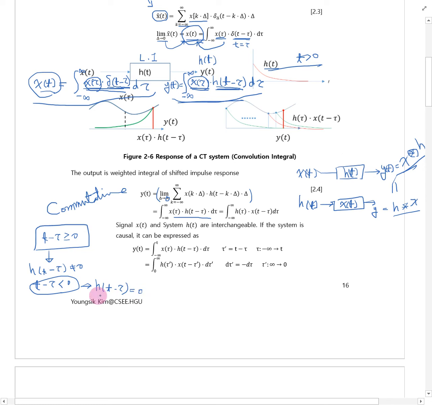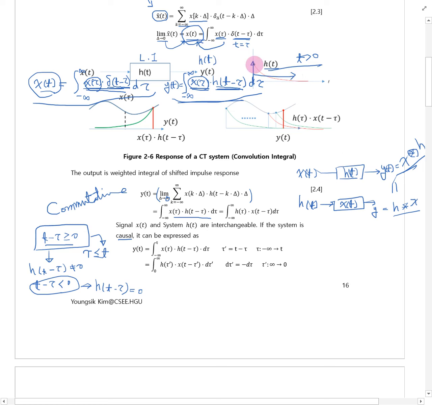So because of this, we always integrate over these times. Tau is always less than t to satisfy these conditions. This means causality: the impulse is given, and the response should come after the event, cause and effect.